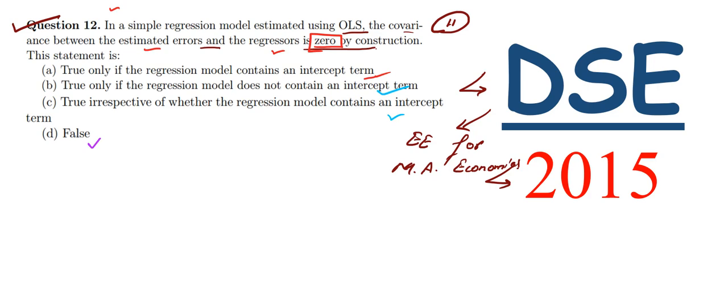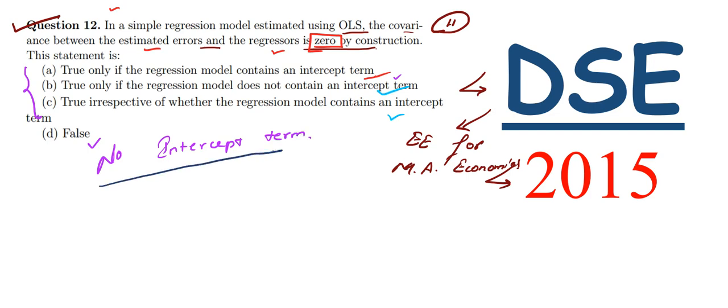So we need to check which of these options are correct. We will base it on these three options, which are all based on the intercept term. Let us assume that there is no intercept term. What does this indicate?